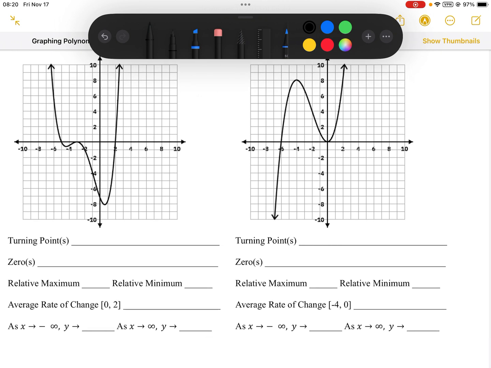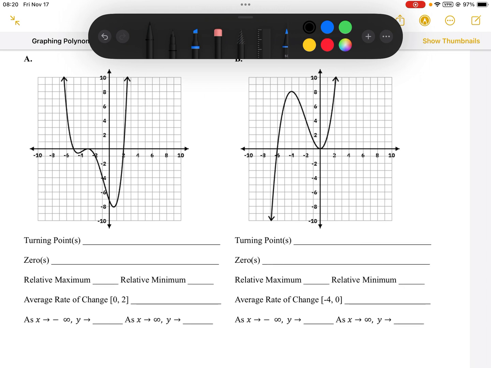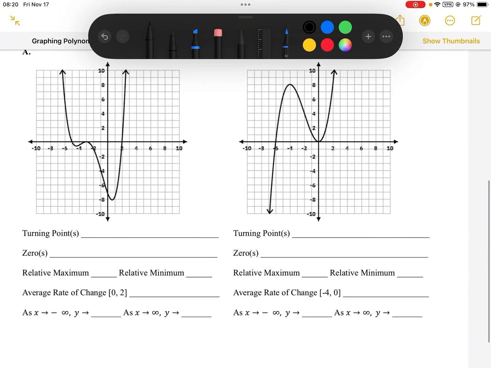So in the first graph, we are going to look for turning points. Turning points are where the graph changes from increasing to decreasing or decreasing to increasing. Looking at my graph on A, one point would be right here, here, and here.